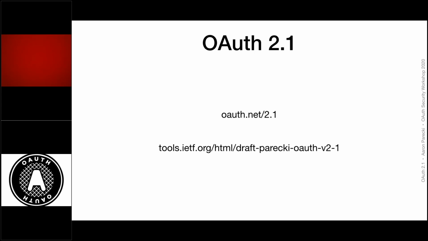We have a call for adoption out on the mailing list right now. So far it has received, I believe, entirely positive support. So go ahead and chip in on the list if you would like, and express your +1 to that. And with any luck, we'll adopt it in a working group and continue the work from there.